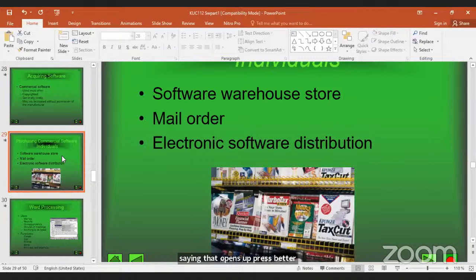Polycarp Onyango is saying that commercial software and open software are both better. Bruno Wamalwa says commercial software. So you need to defend yourself. Why do you go for a commercial? Why do you go for an open source?